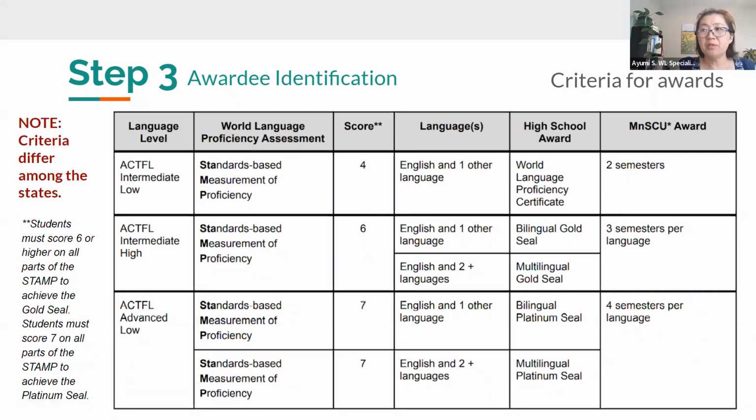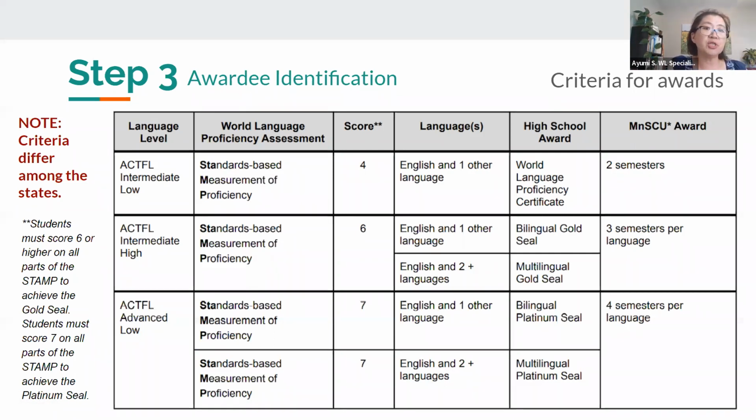So again, in Minnesota, all modalities are required. Unfortunately, we've seen some cases where students do very well on 3 out of 4, but 1 does not meet, such as 1 modality being in the novice high range. Then students, unfortunately, would not qualify for an award in Minnesota.